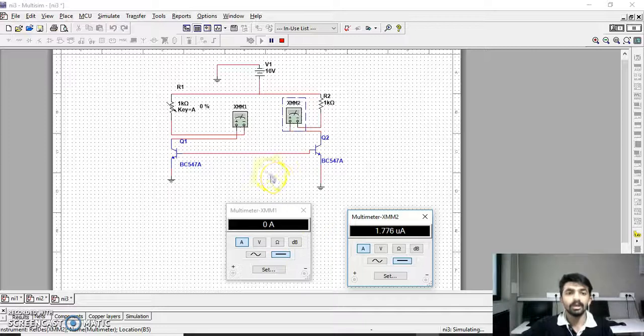So here it is similar, but when I change this, it will still remain similar. As I told you, if one resistor is trying to change its load, then the other transistor tries to keep the current of both at a constant value. So this is my third circuit.